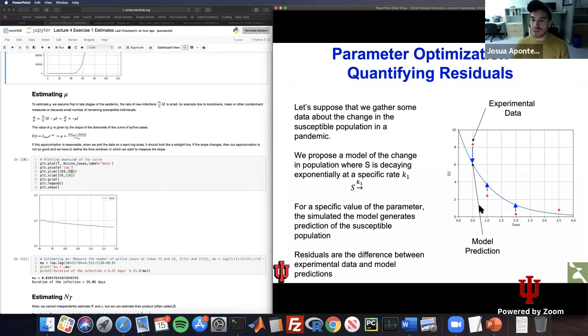That is important because that is what our fitting algorithm is going to do: test different values of K1 such that the distance between the model prediction and the observed experimental data is minimized.